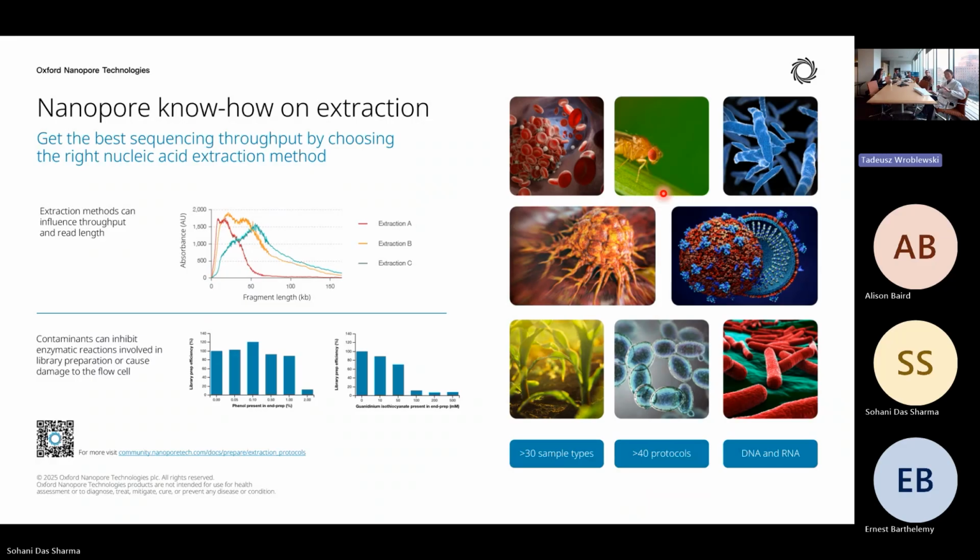Even if you don't do cfDNA, for any kind of gDNA, extraction is very important for any kind of genomics platform. So clean up the sample, and you get better data. What I understood from all the extraction methods you have done for CSF and cfDNA is that there seems to be an abundance of high molecular weight DNA.